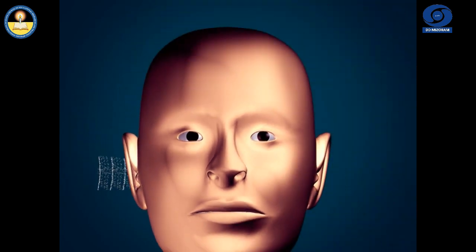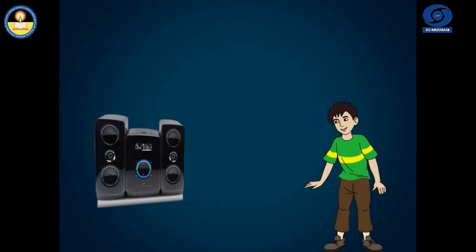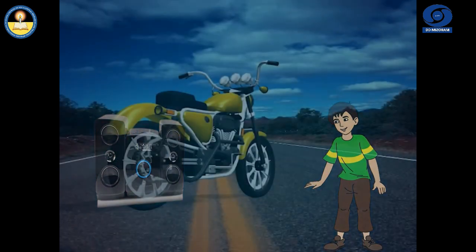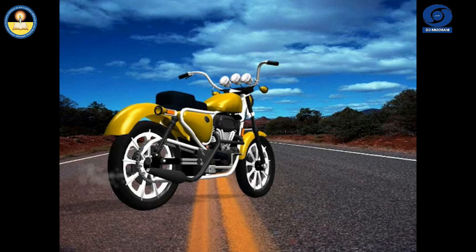Music is pleasant to hear and is of rich quality. Sound which is of low quality is called noise. Noise is unpleasant to the ear.